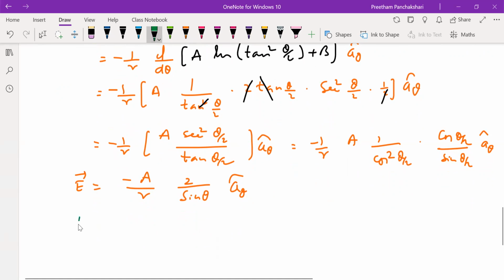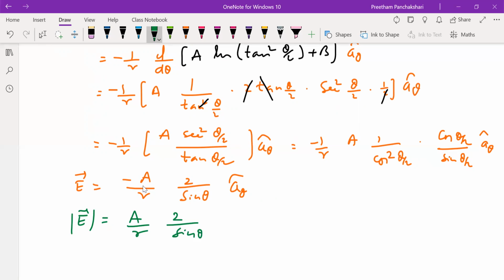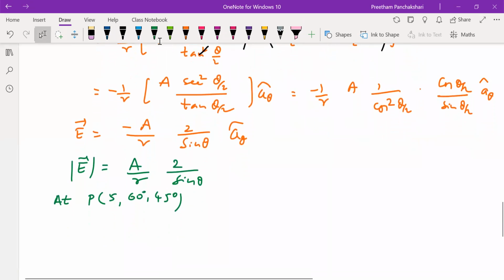But for the problem, what is required is the modulus of E, whose value is given by A by R, 2 by sine theta. Modulus is always positive. Magnitude of unit vector is 1. Now we have a point. At point P, that is 5, 60 degrees and 45 degrees, we can find the electric field at point P. What is the E value given in the problem?